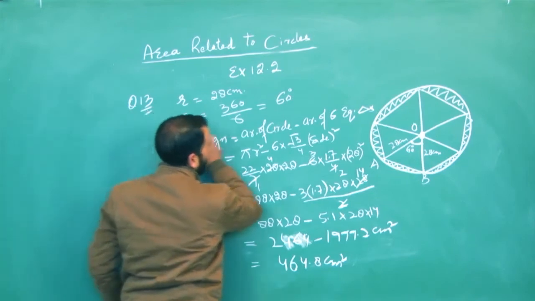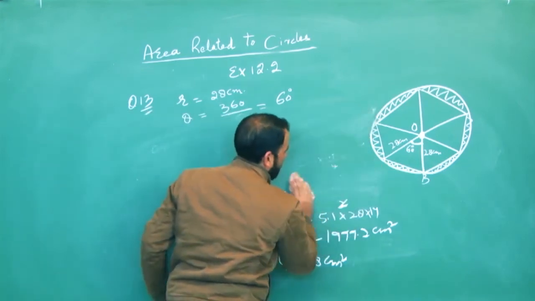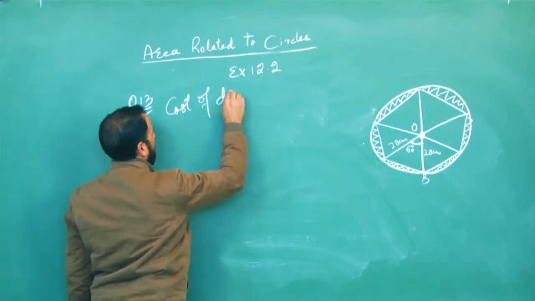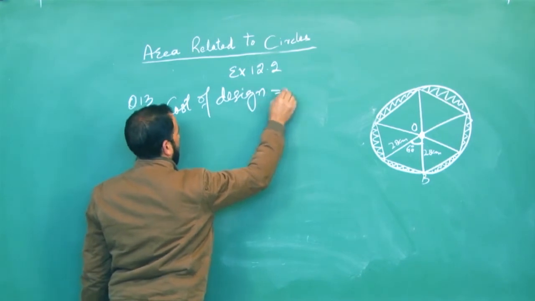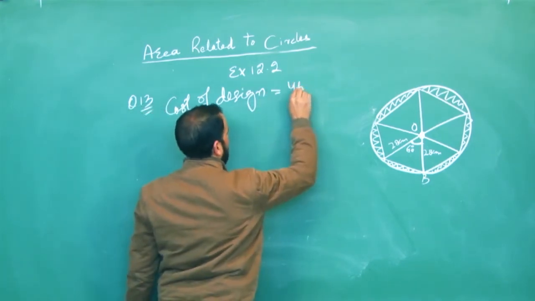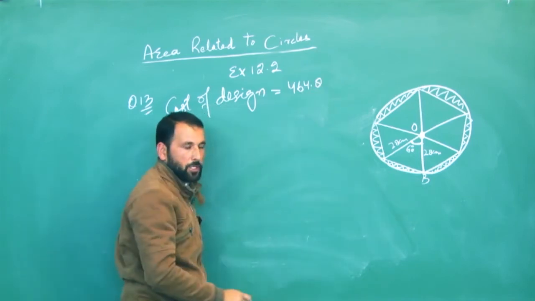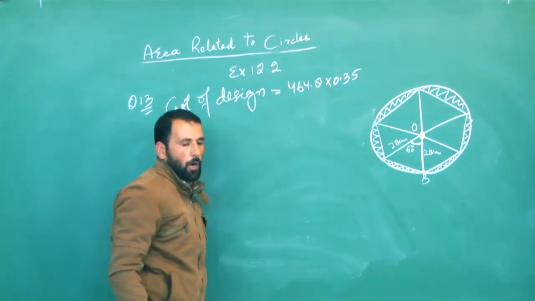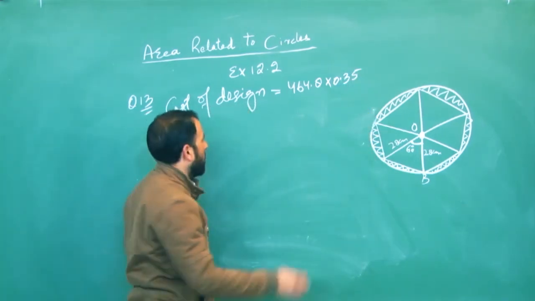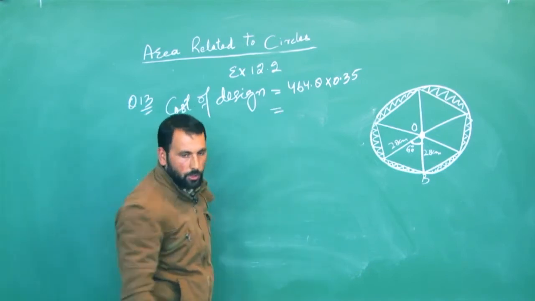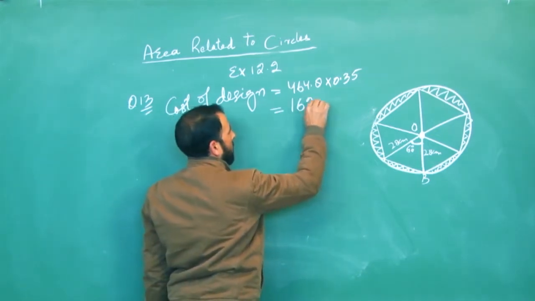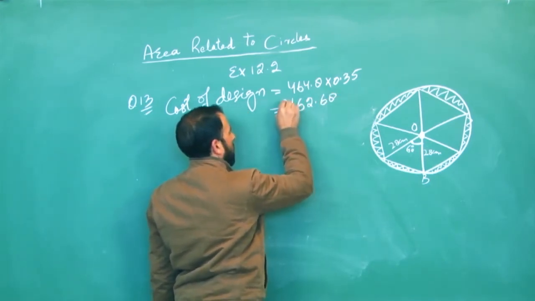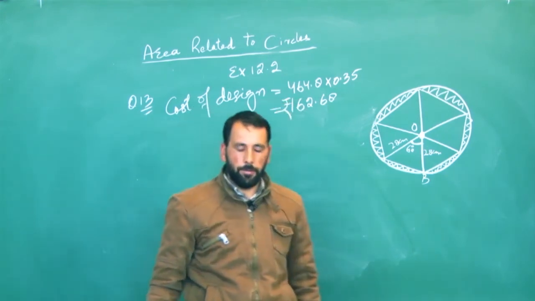So the cost of a design is equal to 464.8, the area of the total design, into the cost of 1 square centimeter, which is 0.35. After multiplying the two, you get the total cost of 162.68 rupees for this design.